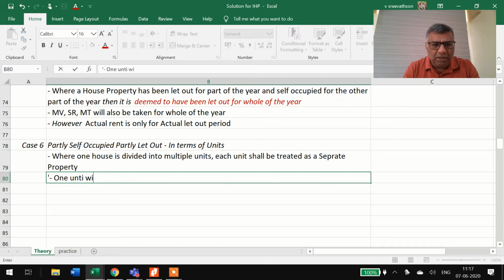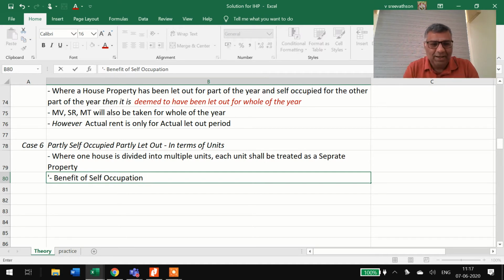Benefit of self-occupation: till last year it was 1 unit, so it takes time to set in.